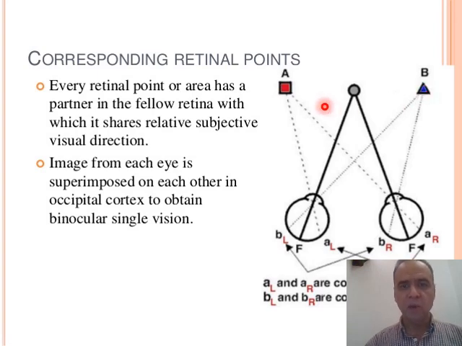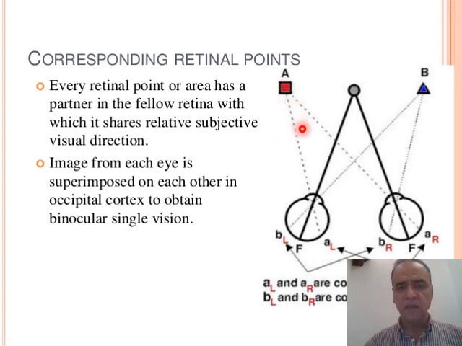And any object, for example this object A, rectangular in shape, that stimulates the temporal retina of the right eye and the nasal retina of the left eye is perceived by the occipital cortex as located to the left of the visual field.